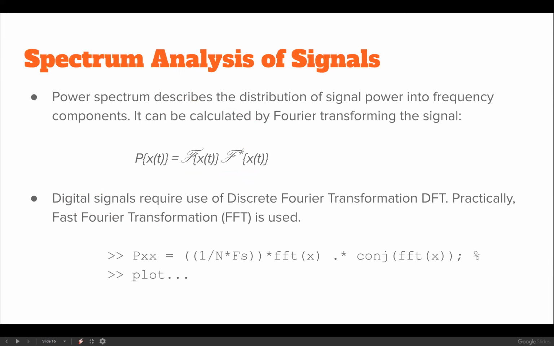And then there's a line of code showing how to calculate the power spectrum of a single input X. But it gets more content when we go to the exercises.